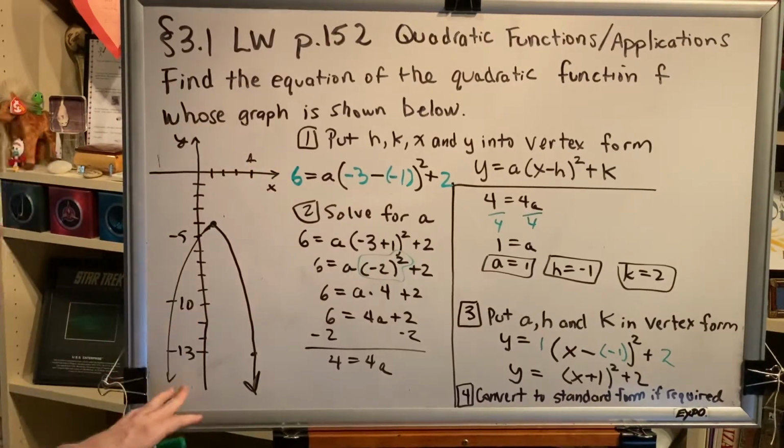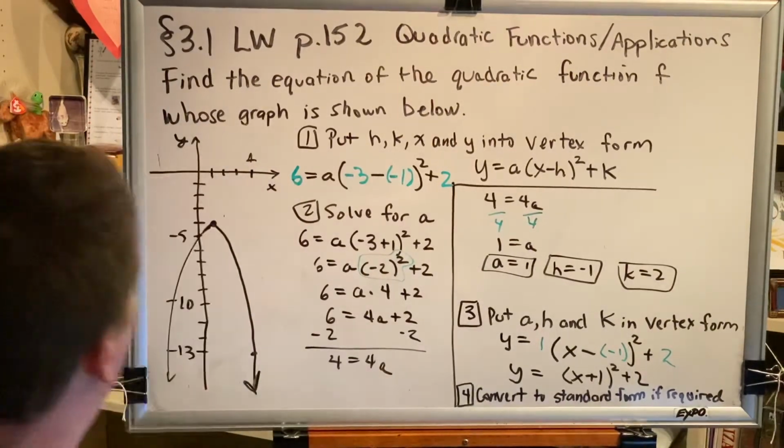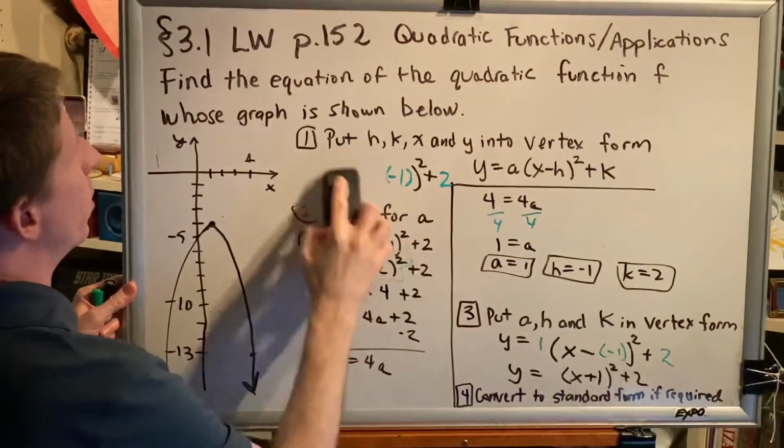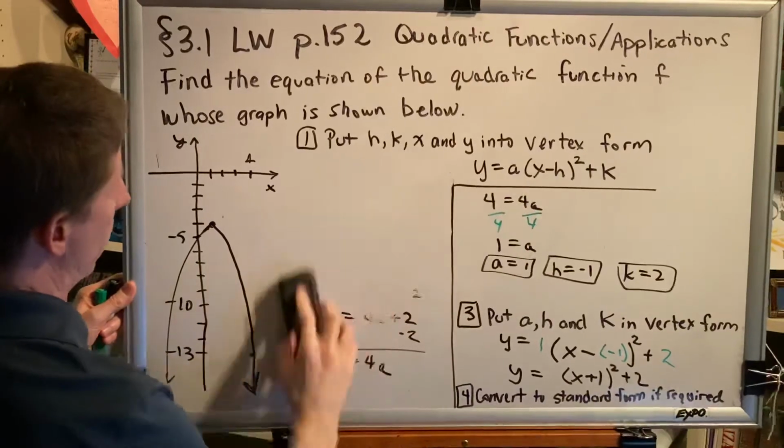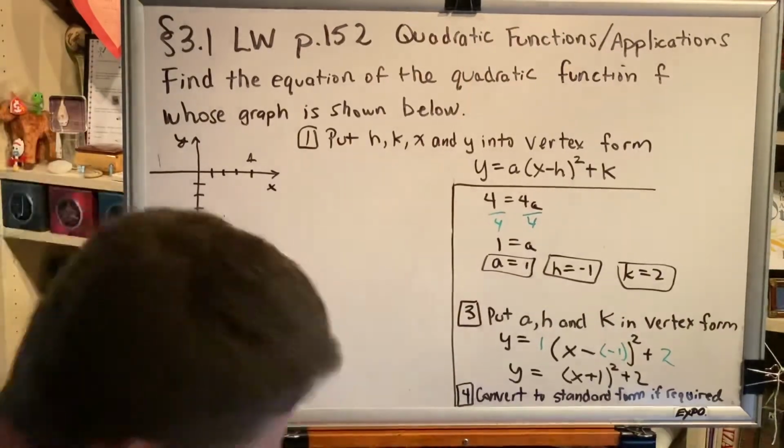Okay, so here is the graph that's been provided for us. We're going to go through the exact same 4 steps that we just did in the previous problem. Although technically we only did 3 of the 4 steps, but we're going to go through the same steps.